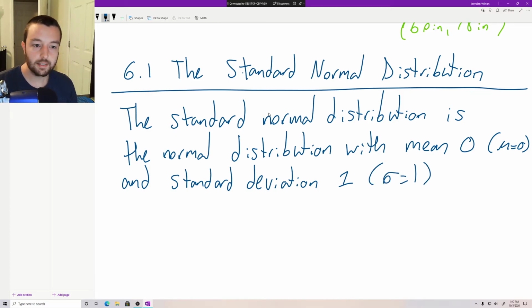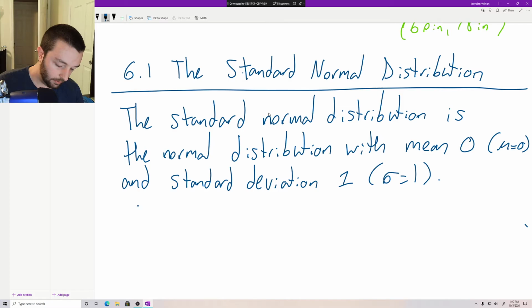And remember, sometimes people state the normal distribution in terms of the mean and variance instead of standard deviation. But the variance is just the standard deviation squared. So if the standard deviation is 1, 1 squared is still 1. So in this case, the variance and standard deviation are the same thing.